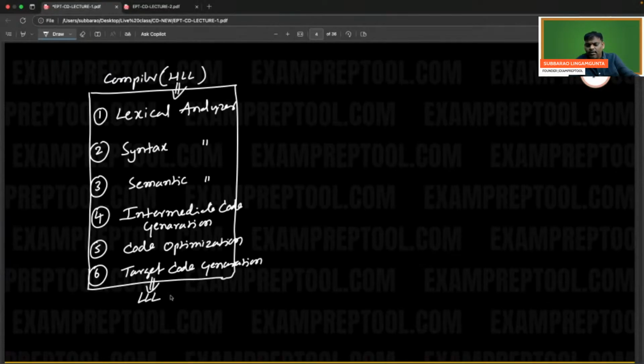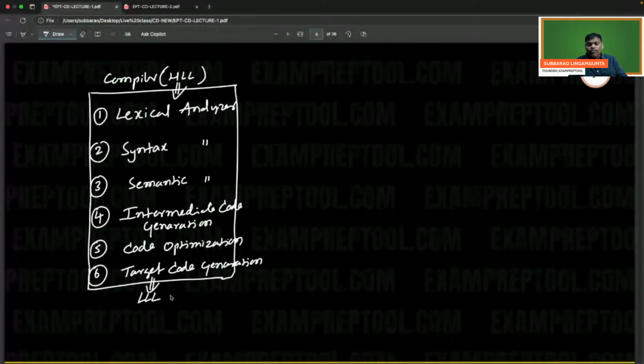Some people are asking, sir, why are there functions inside the compiler? You know very well, compiler is a very big task because you are converting from one form to another form. Compilation looks like a very small task, but no, it is a very big task. Approximately, I can say 1 crore lines of code.